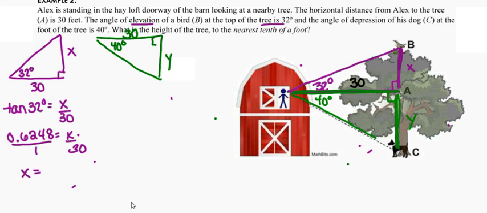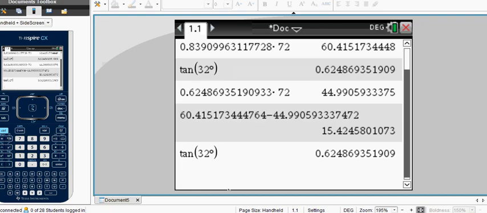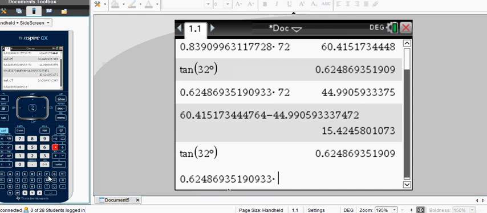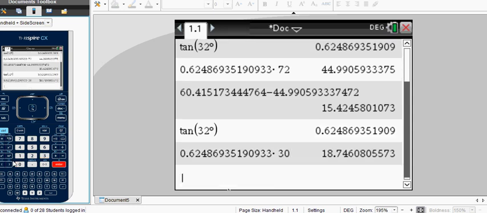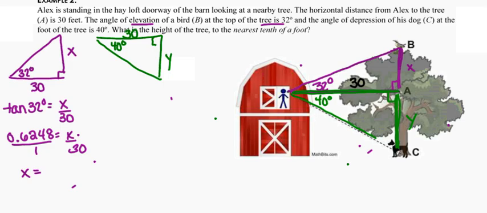And when I cross multiply, just like I did before, I'm going to grab that whole entire decimal and multiply it times the 30. And then I'm going to move into the green triangle.